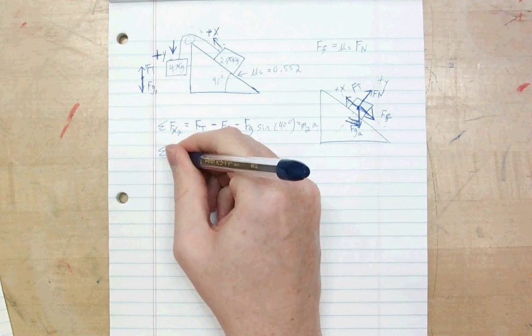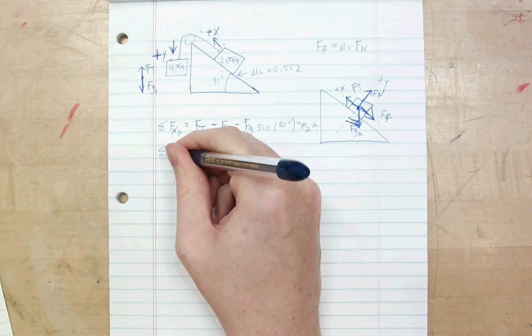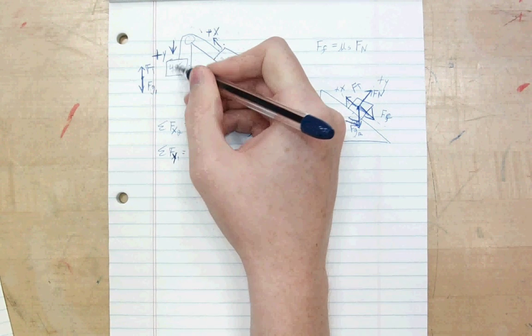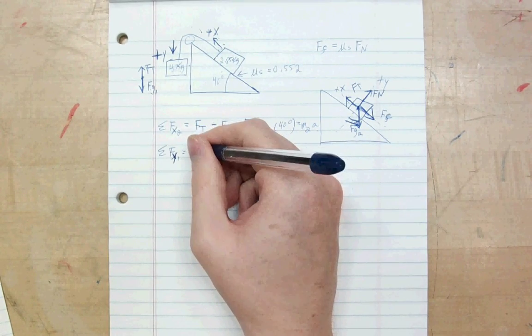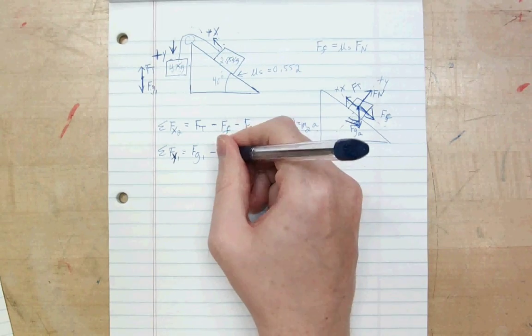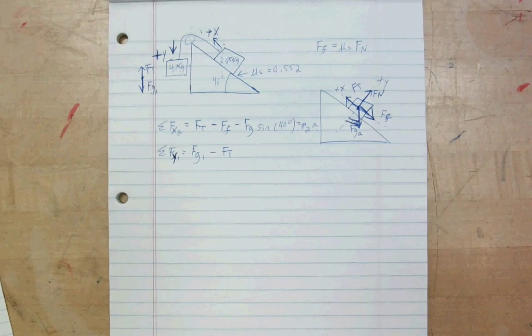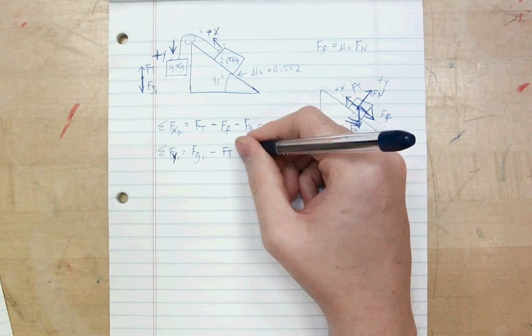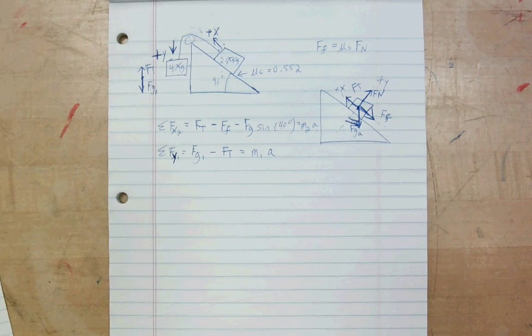Oh, and I made a mistake here. So remember, we're talking about the y forces on block 1, because I'm pretty confident it's accelerating in y. So I will have force of gravity on block 1, positive, and in the negative direction, the force of tension. And that would be equal to the mass of block 1 times the acceleration of the system.